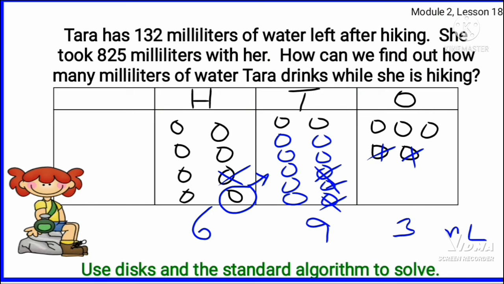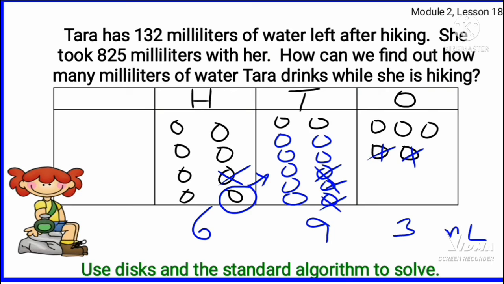Alright, so 5 ones, I can remove 2 ones from 5 ones. So when I remove the 2 ones from 5 ones, I have 3 ones left. But I cannot remove 3 tens from 2 tens. So I have to decompose. I picked one of the hundreds. I made it into 10 tens.